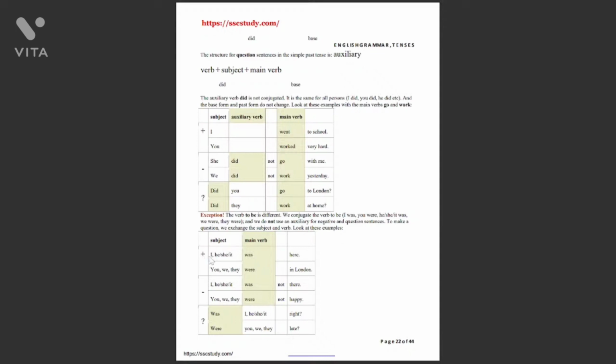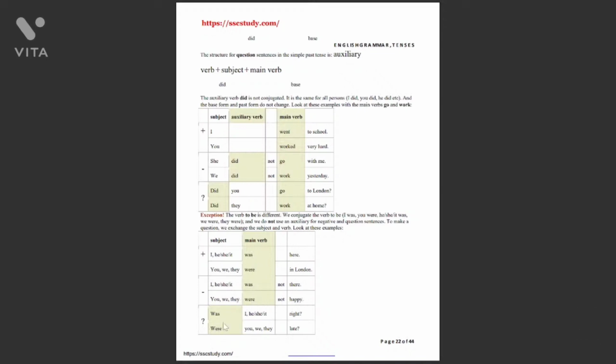First, the positive: I was here, she was here, it was here. And in the same way: you were in London, we were in London. For the negative: I was not there, she was not there, it was not there. We were not happy, they were not happy.